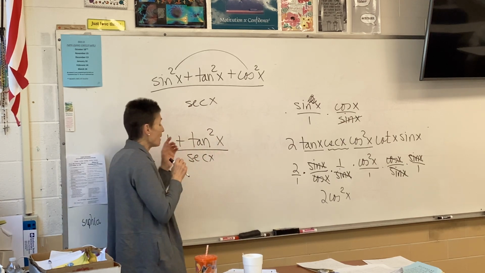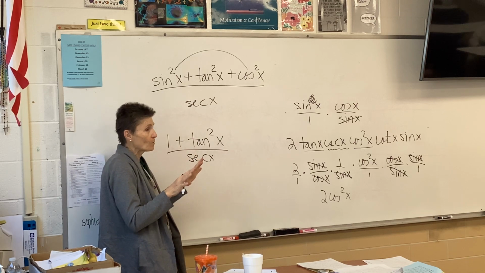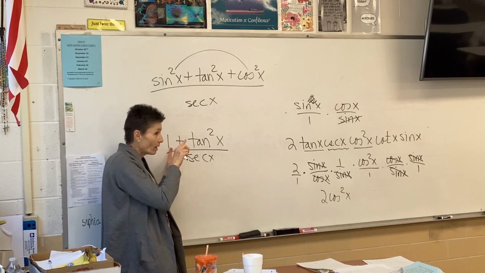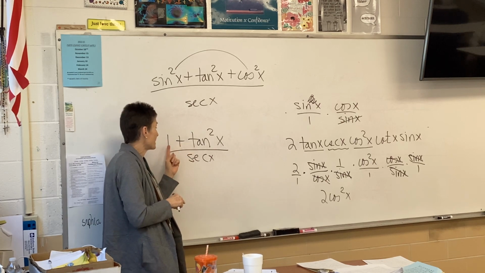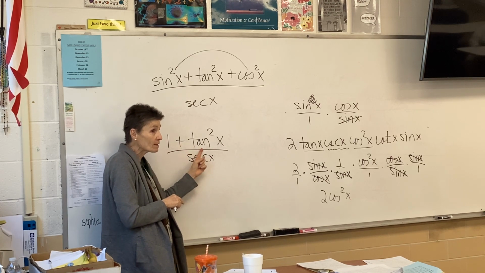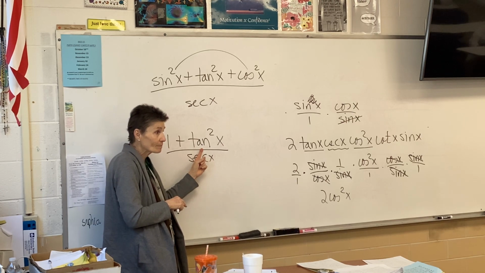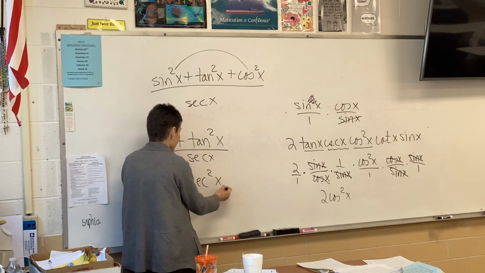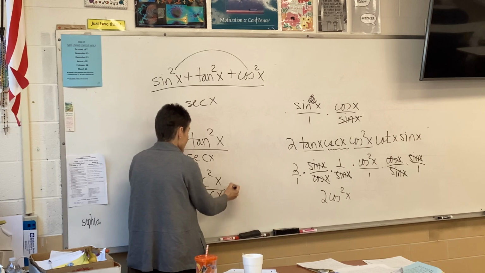Exactly. Guys, I'm older than you and I've done a whole lot more than you have. But look on your sheet. Don't you have one of your circled things that says 1 plus tangent squared? Yes. So the numerator is secant squared over secant.